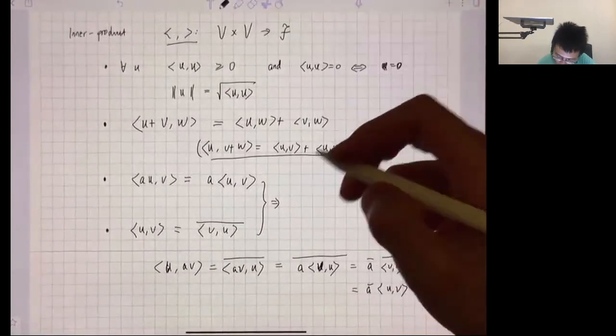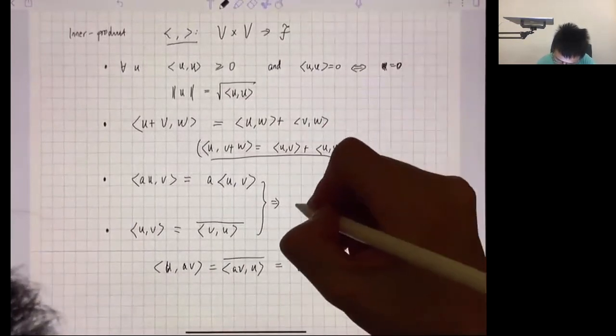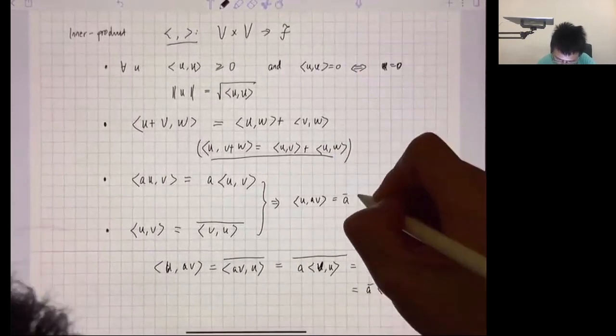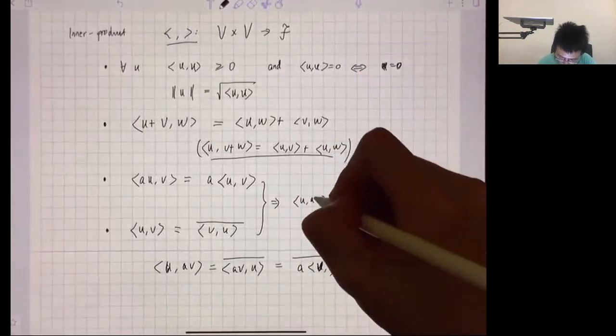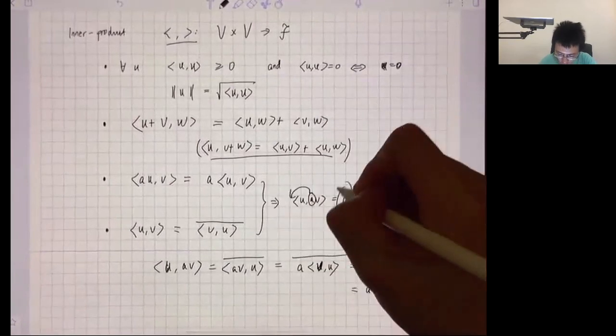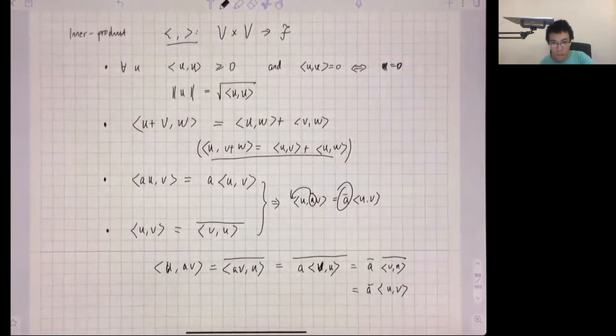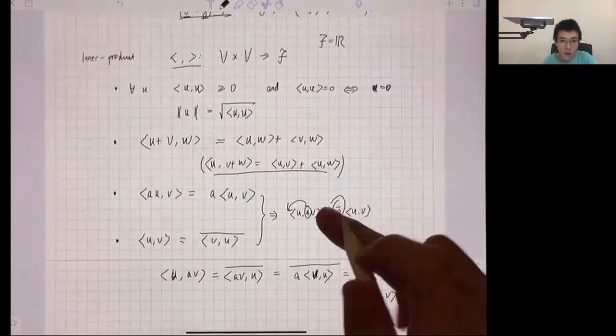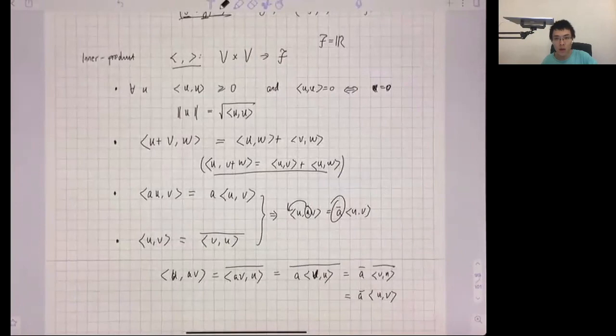So this gives me the inner product of u with av is a complex conjugate times the inner product of u and v. So when you take the second term out, you should take the complex conjugate. But if my field is real numbers, then it's just a itself, okay? So you just ignore the complex conjugate.